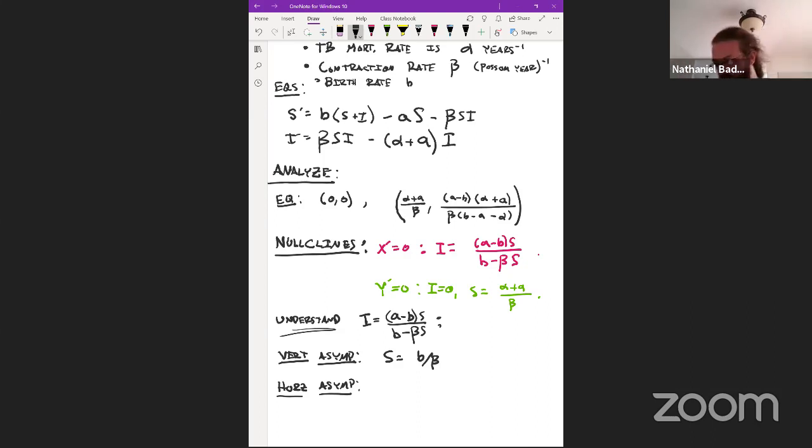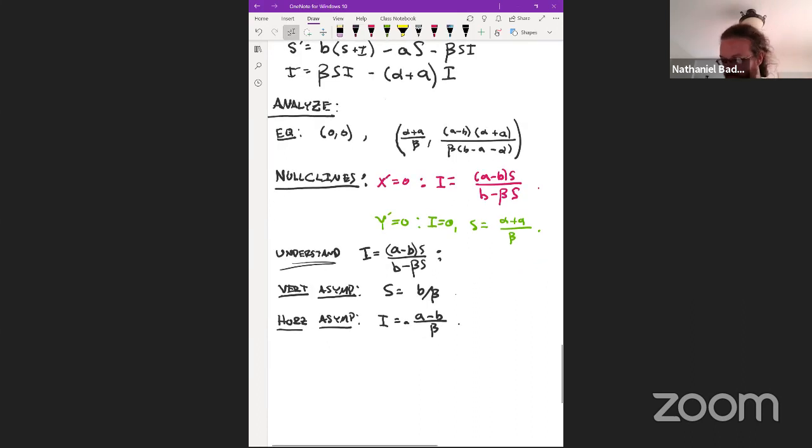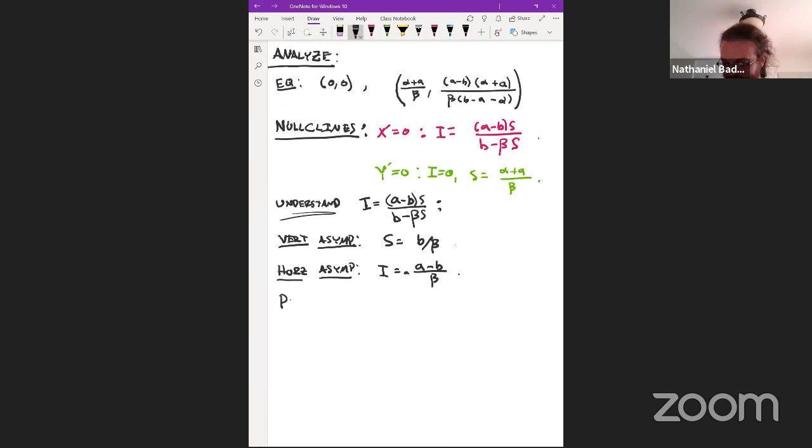So when we take the limit, it's going to be I equals A minus B over beta. Oh, yes, so you are correct, B minus A over beta. So now we can draw the diagram.